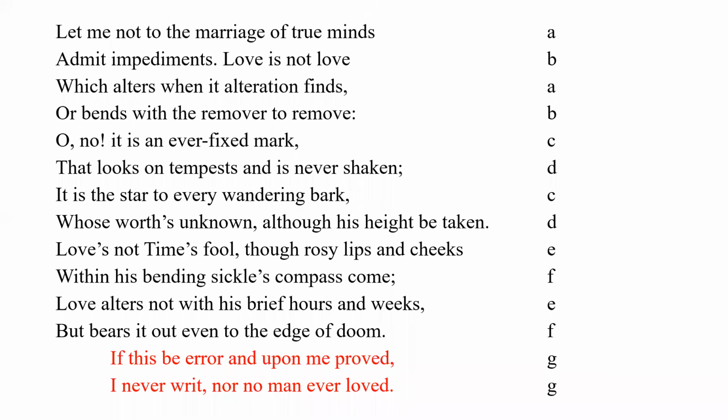If you prove me wrong, I will never write. Or no one has ever loved. So there is no love at all. So this is the voice of Shakespeare, or voice of the persona or the speaker of this poem. So this shift or turn in argument we call volta. Okay. I hope people are yet to prove Shakespeare wrong, because he still is with us.